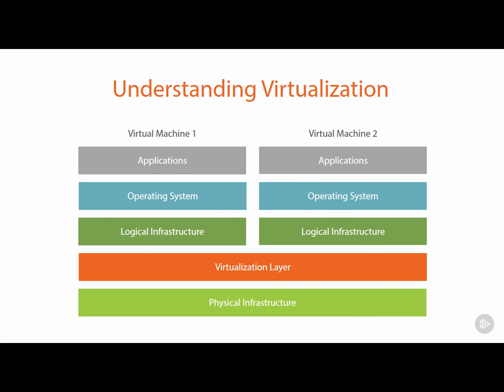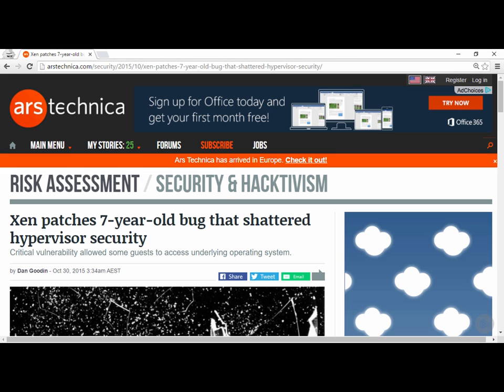Let me show you. In 2015, we saw a very serious risk with the Xen hypervisor. And one of the things that made this risk so serious is that this is what AWS uses. Many of the customers on Amazon's cloud service are sitting on top of virtualized machines managed by Xen.